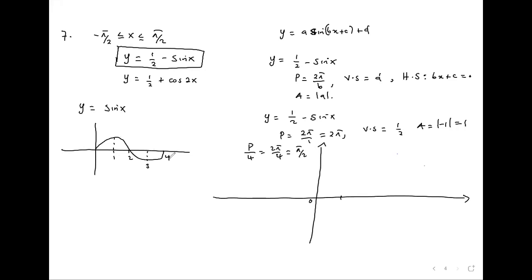That's why we break the period by 4, so we can know those critical points. So from 0, we'll go to pi over 2, to pi, to 3 pi over 2, to 2 pi, where the period ends. And then we get back to the question, which says we must sketch between negative pi over 2 all the way up to pi over 2, meaning that here we also have negative pi over 2.